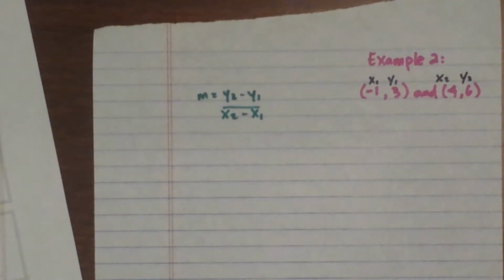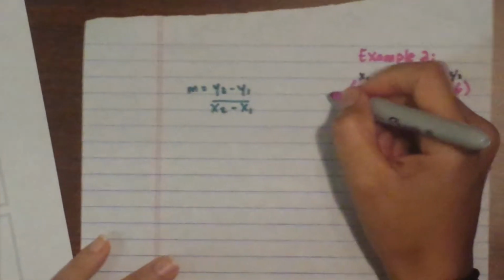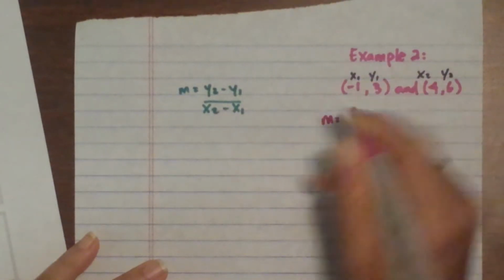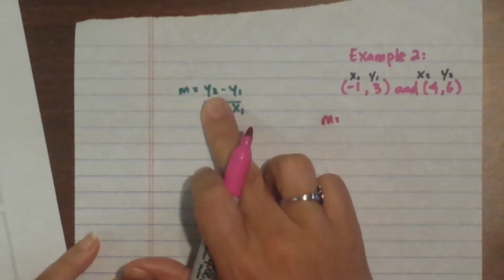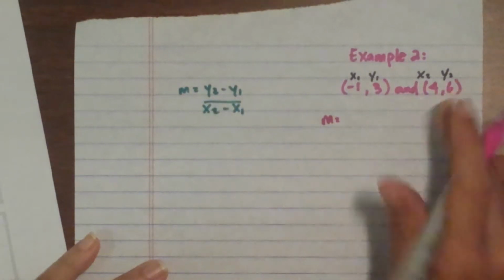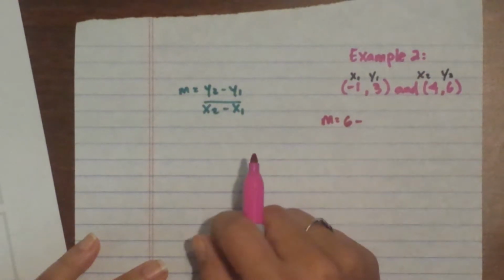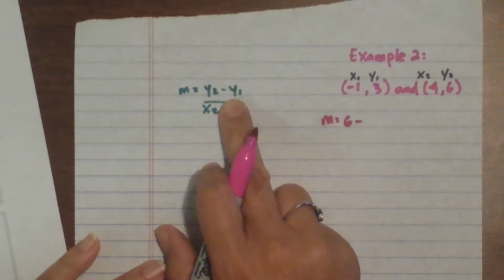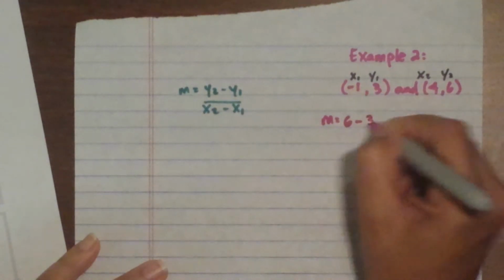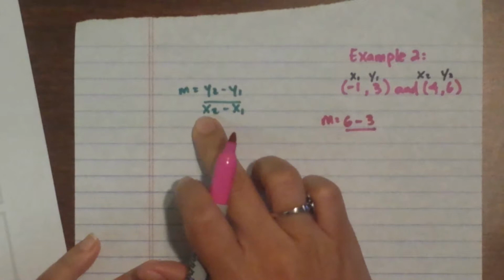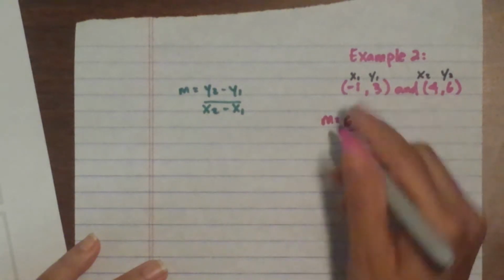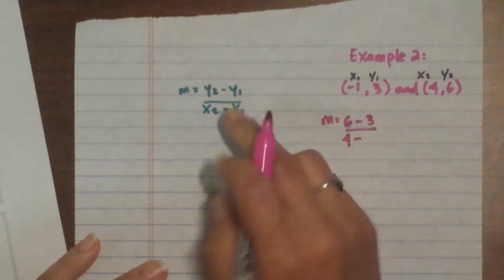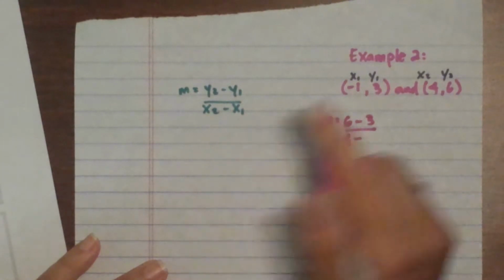Then just simply plug in the numbers. m equals y2. What's y2? Good, 6. Minus y1. What's y1? Good, 3. Over x2. What's x2? Good, 4. Minus x1. What's x1?